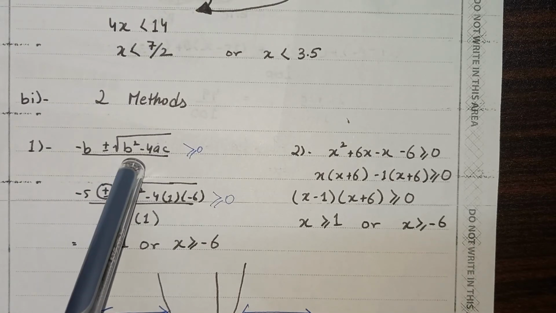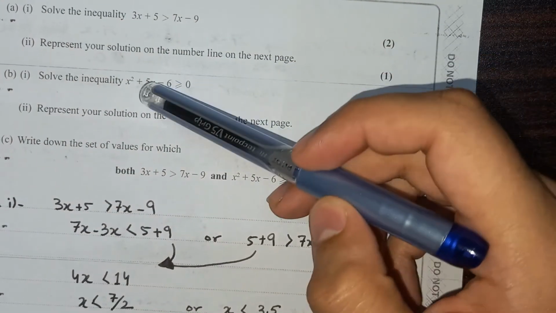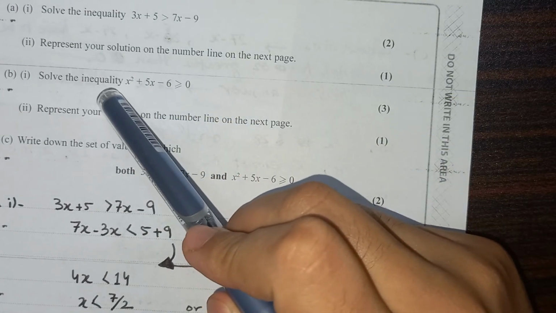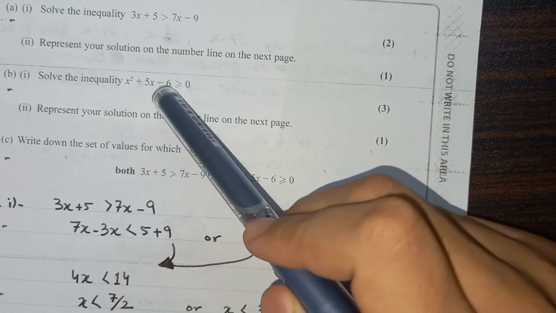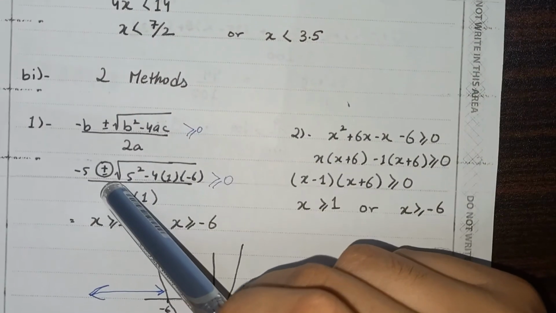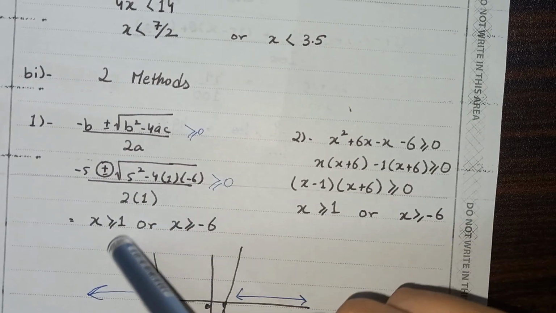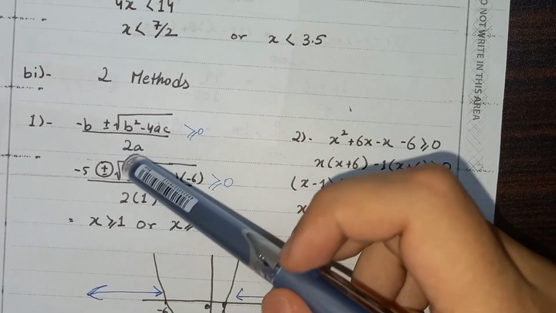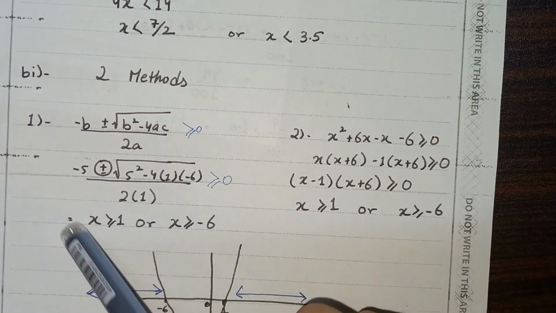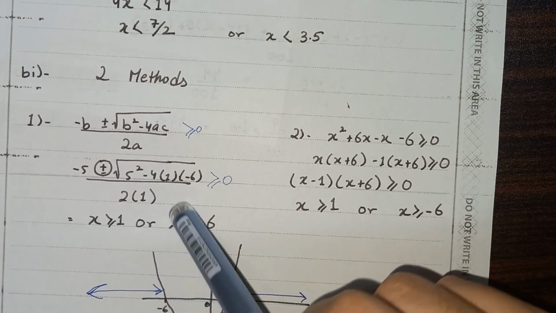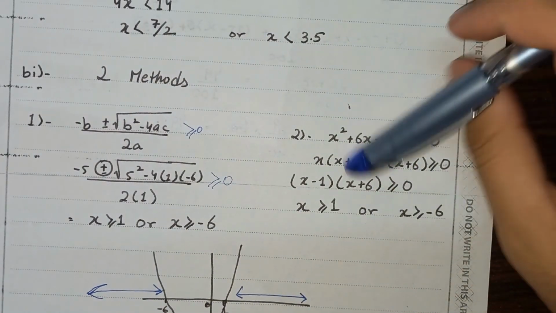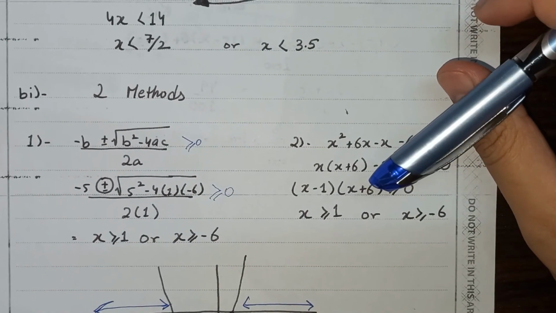So b is 5, a is 1 because there isn't anything with x square, and c is minus 6. Substitute these values in this formula like this and solve it. You're going to get two values, one with the positive sign, one with the negative sign. So you will get x is greater than or equal to 1 or x is greater than or equal to minus 6. With an easy formula, if you learn this, it is quite a simple thing.